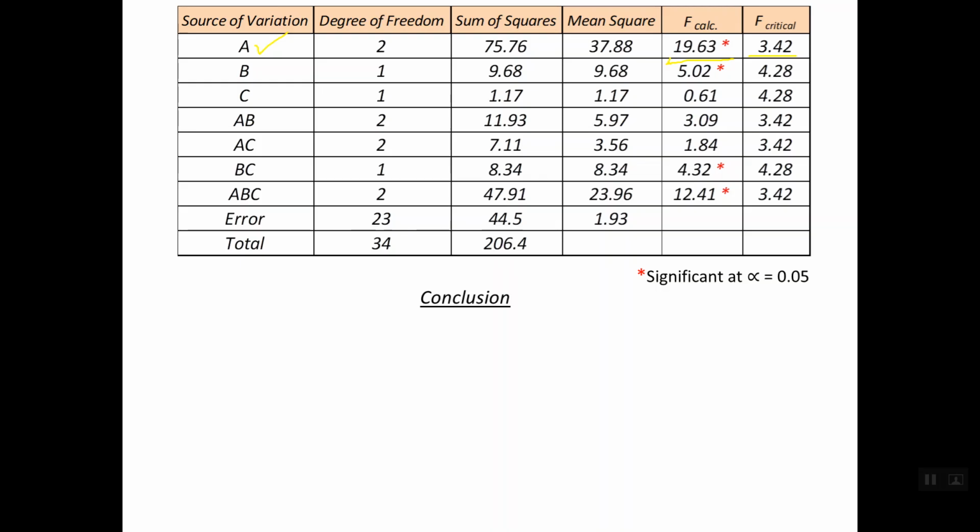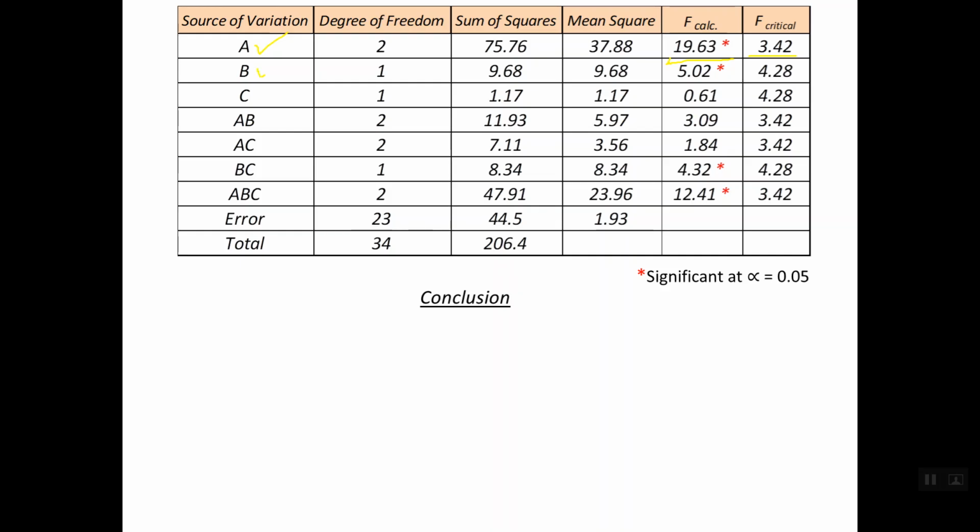So we conclude for factor A that there is a significance, which means that for factor A, we reject the null hypothesis and accept the alternative one, which means that the value of the means for A1 and A2 and A3 are not the same, or at least one of the three is different from the other two.